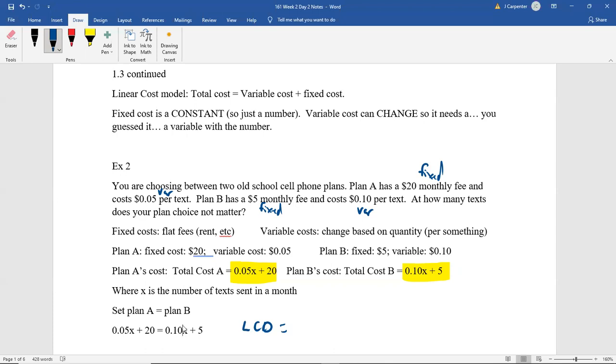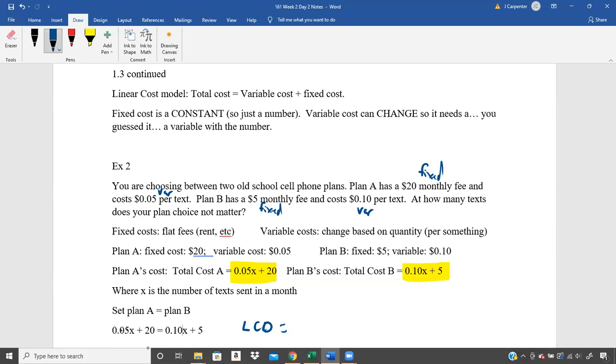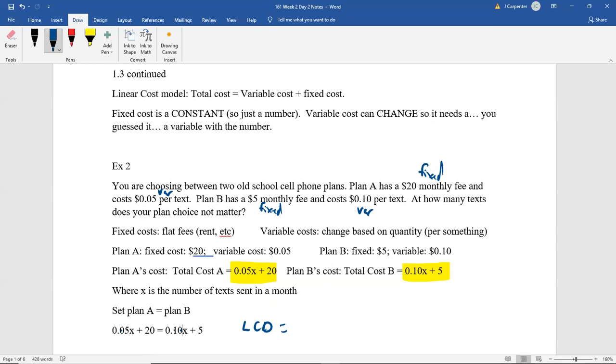So if I saw 3 decimal places at most, I'd have an LCD of 1,000. There's 1, 2 decimals here and no decimals here. There's 1, 2 decimals here and no decimals here. So the most number of decimal places I see is 2, which makes our LCD 100.